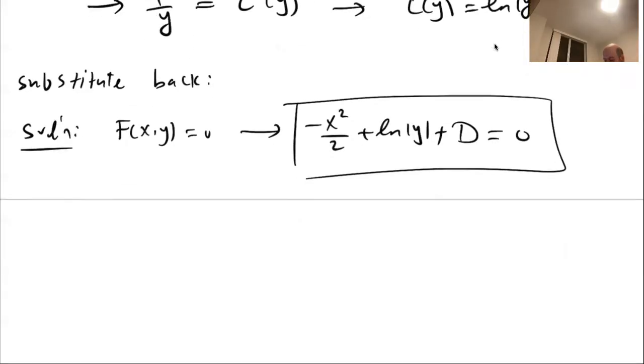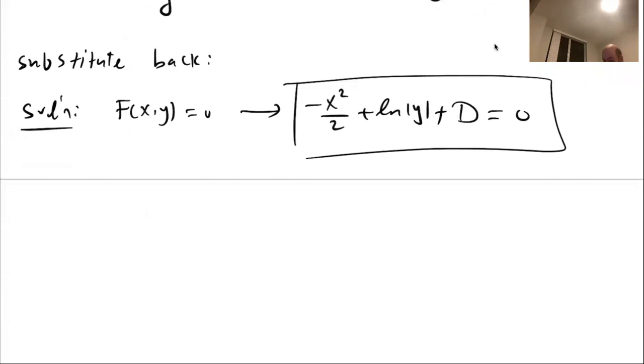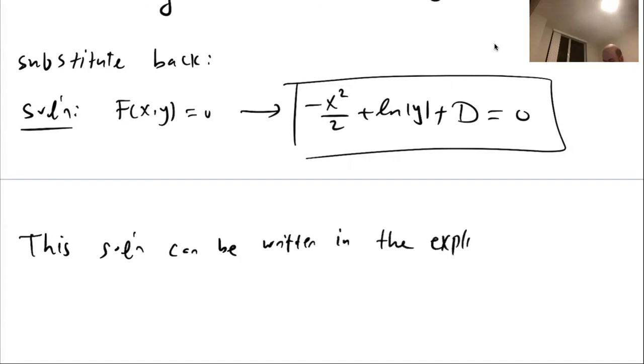Now this solution can also be written in the explicit form, because right now it's a mixture of x and y equals 0.